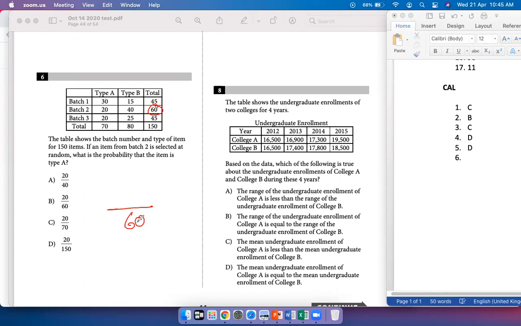So that becomes my denominator. And within that, the numerator is the favorable outcome. So type A in batch 2 is 20, right? So 20 will be my numerator. So 20 by 60, which is 1 by 3, but the options are given without simplifying the fraction. So we'll just go with B.